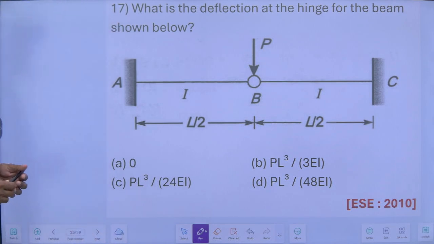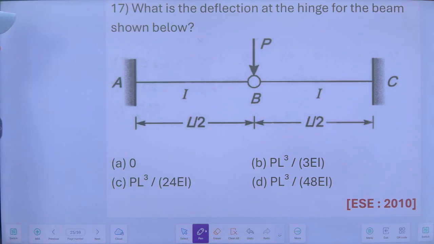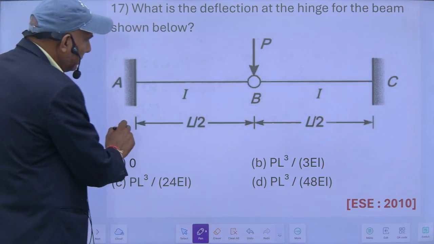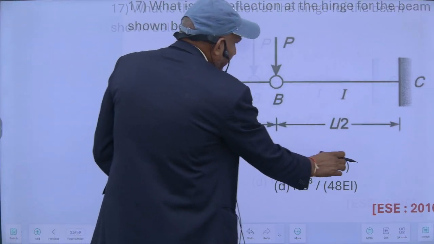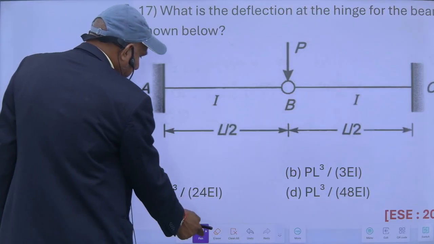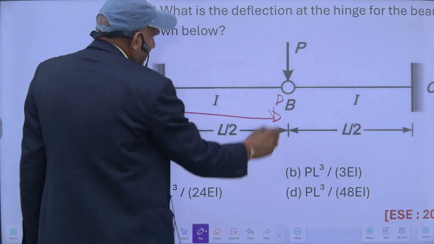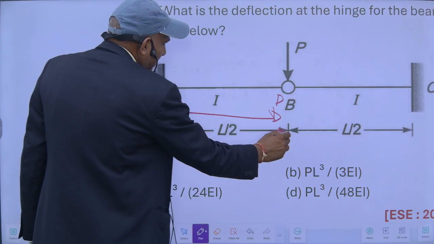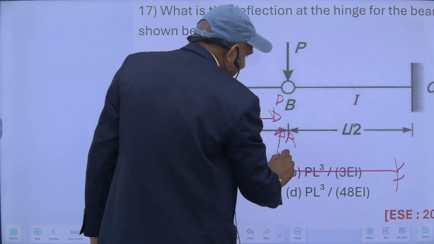Means this one is the right option. What is the deflection at the hinge for the beam shown below? In this case, if I draw the free body diagram, it will be like this. So this is P. This hinge will provide some reaction, and the same reaction will be here.